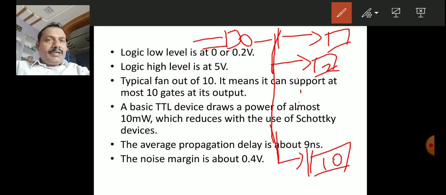So that means the totem pole output is giving additional driving capability for the NAND gate. So that is the advantage of this configuration.